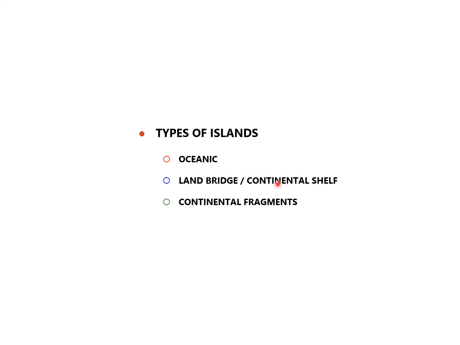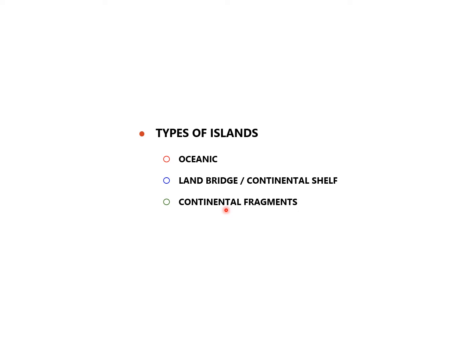We're lumping these into one. They could become submerged or exposed due to changing sea levels, which happens with glaciation and changing climate. So that can create islands that exist or don't exist at certain times. And then they could also be continental fragments.